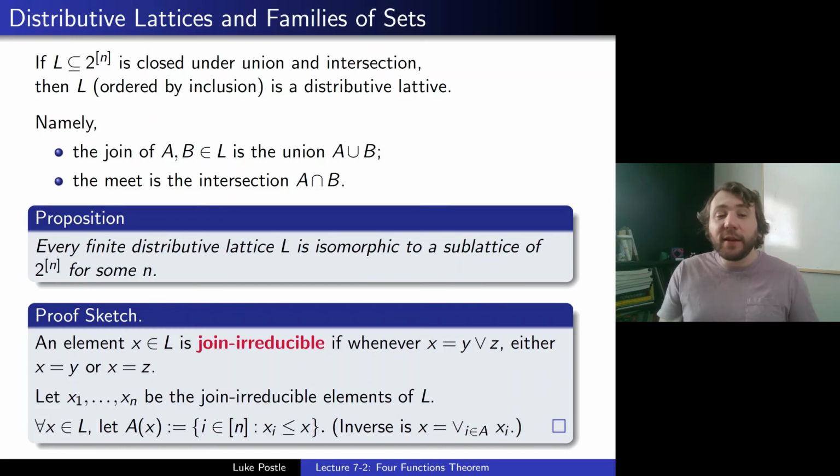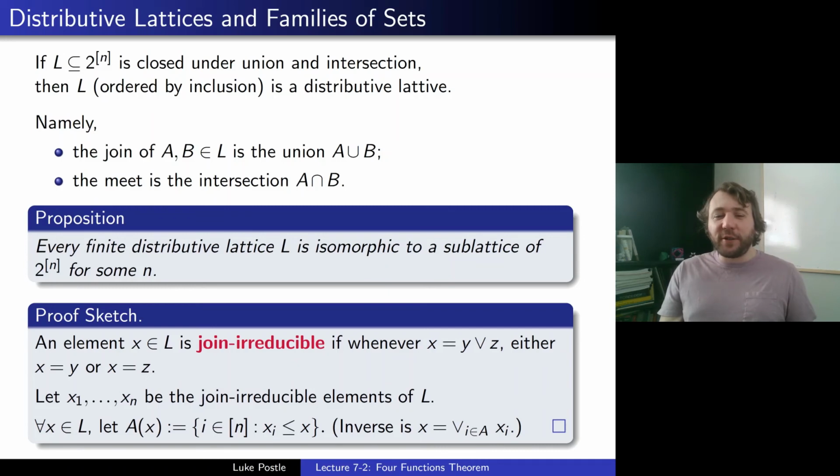How do you do this? Well, for every x in L, you just map it to the set of all i in n where xi is less than or equal to x. So you put all smaller join irreducible elements, and this creates sets. So that's what you do, and then the inverse of that procedure is x equals the join of all the xi. Now that's just a sketch, you'll note, because we didn't do all the work there.